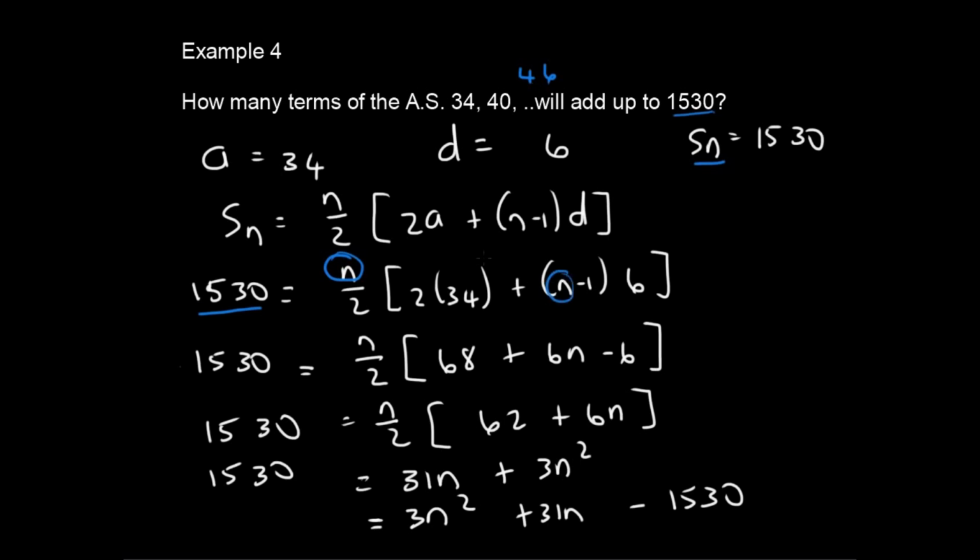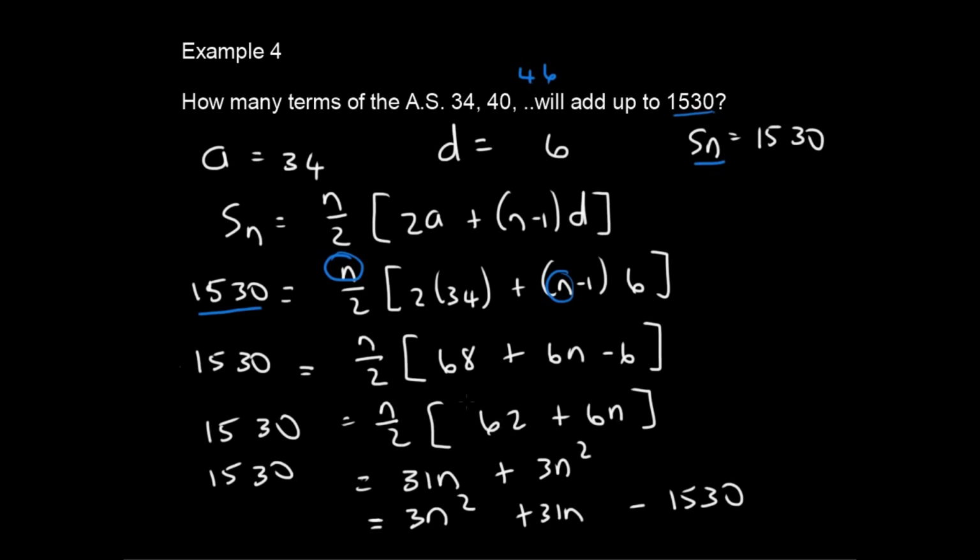However, we have our first term of 34, we have our difference of 6. And what we are going to do is simplify. We say 6 times n is 6n, 6 times negative 1 is negative 6. Of course, we simplify the bracket. And what does that leave us with? n over 2 times (62 plus 6n).